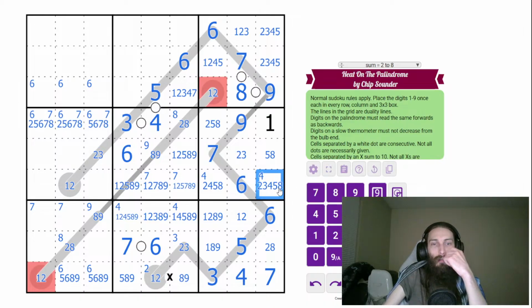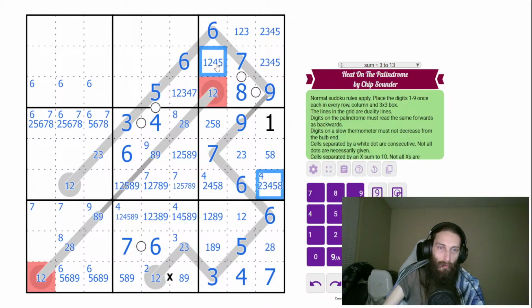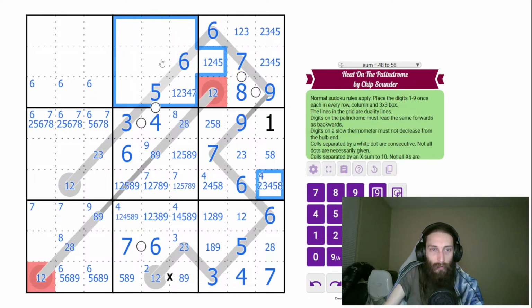But if I asked if this was a 4, that would be a 4. And then red would have to be a 2. Yeah. Chip Sounder says that causes problems in box 2.